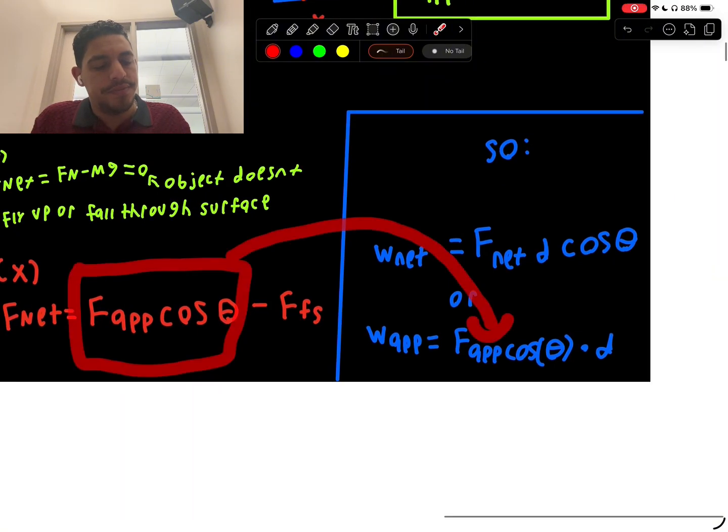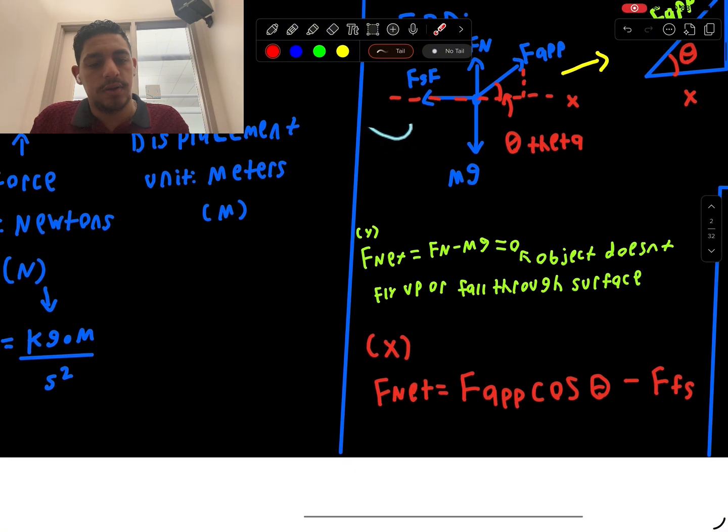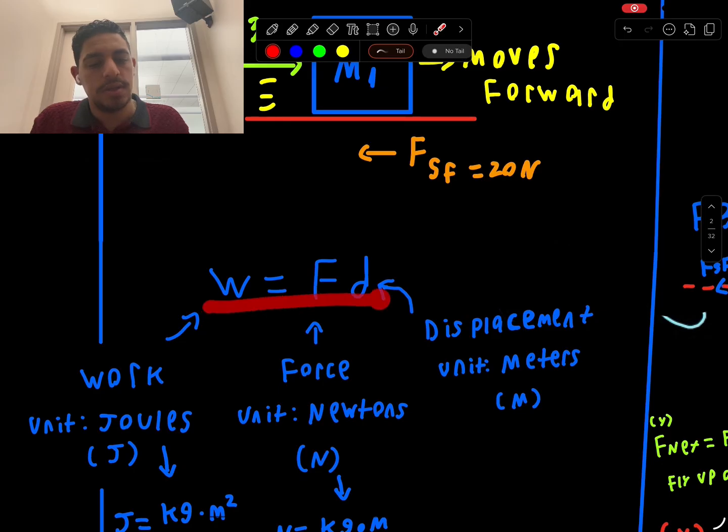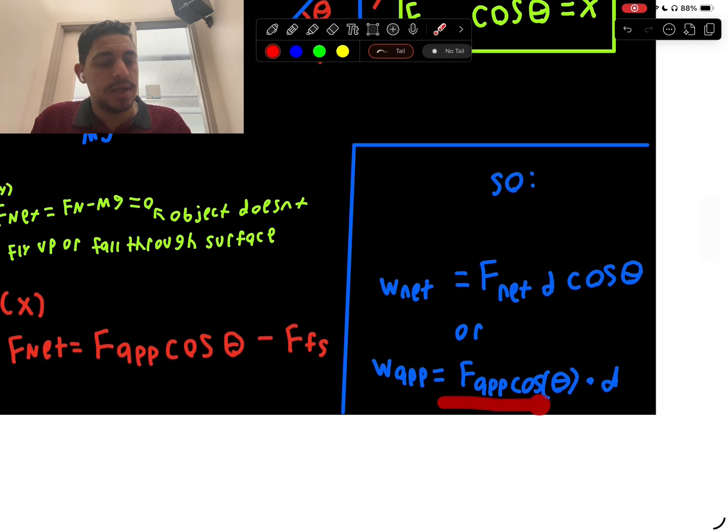You see that? So the work of the applied force is equal to the force times cosine theta times the distance. And remember what we said over here, work is equal to force times distance. Well, because of that angle, it's the force applied times cosine theta times the distance, not just the distance.